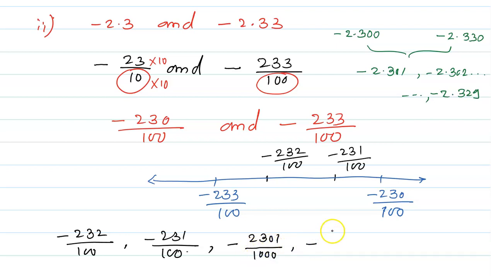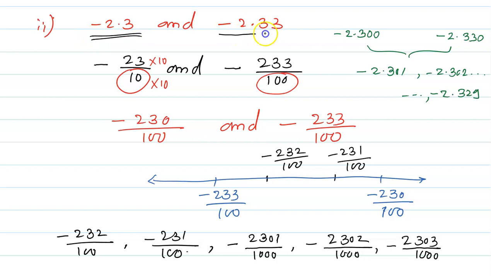Then minus 2302 divided by 1000. Then minus 2303 divided by 1000. All these rationals lie in between minus 2.3 and minus 2.33.